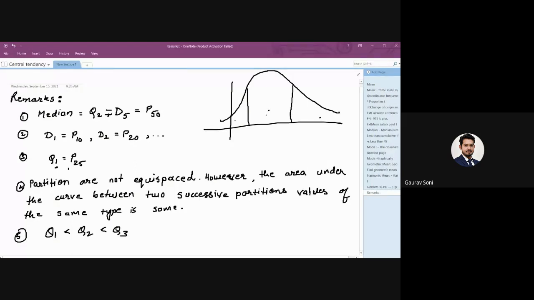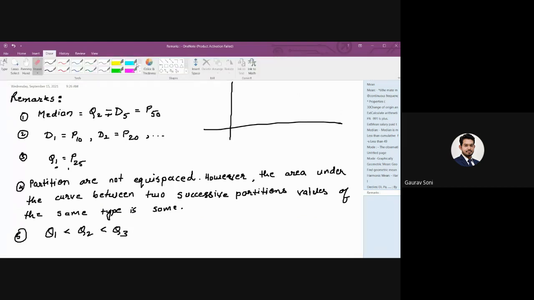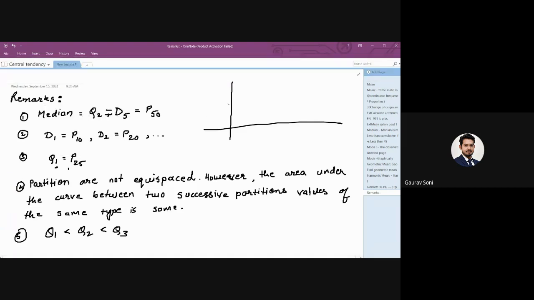Now I'm making quartiles out of this: Q1, Q2, Q3.